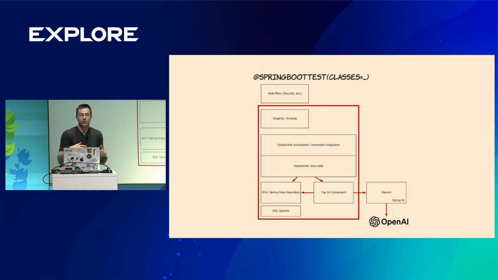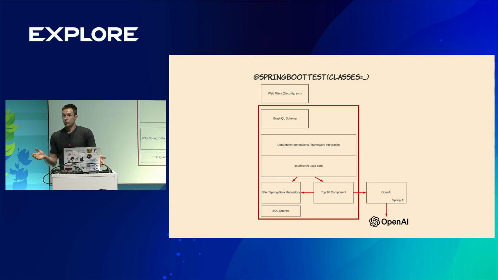It's the same mechanism. I find that these provided annotations are often a little bit limiting. And often you want a little bit more and then you have to fall back to Spring Boot test classes with some test slices. But technically they're just the same thing and if they work for you, just use them. They're convenient. But this just gives you a lot of flexibility in how you write your tests.